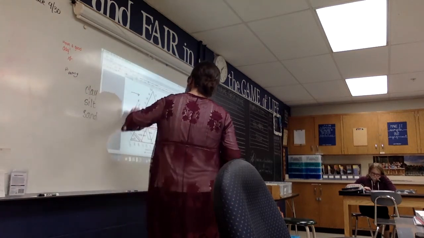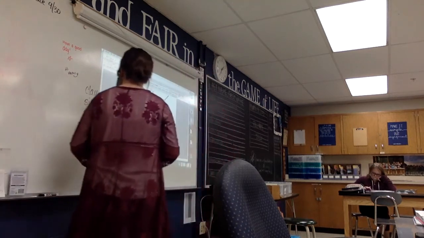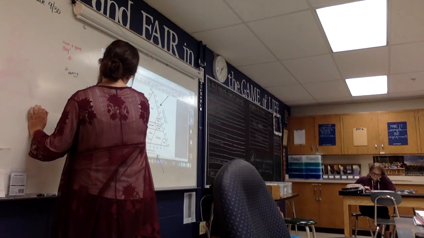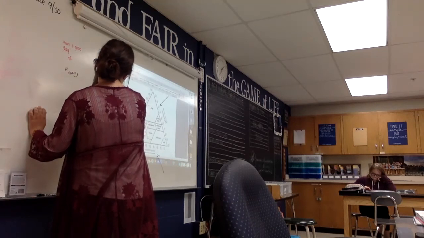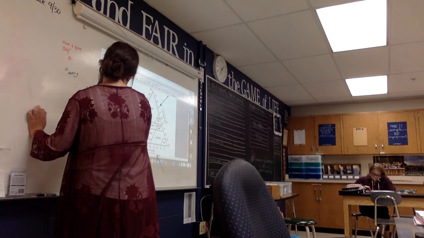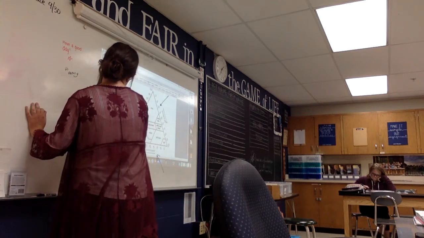So we're going to try one more, and then you guys got this really quick. So, let's say clay is 35, silt is 35, and sand is 25.